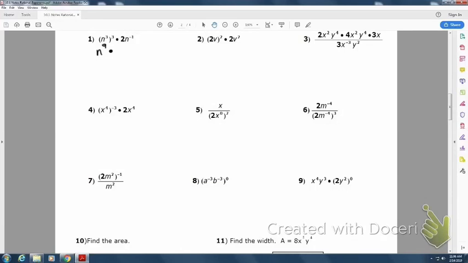Just n. It would be 2 and n if it was in parentheses. If there's no parentheses, the exponent only belongs to the nearest base. If there's parentheses, it belongs to every base in the parentheses. So the 2 is going to stay up there in the numerator, and then I'm going to have n to the power of 1, or just n, in the denominator.